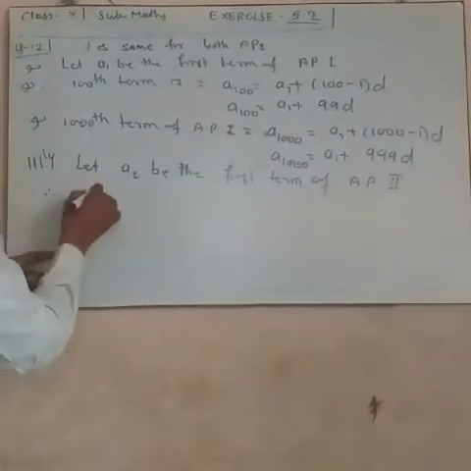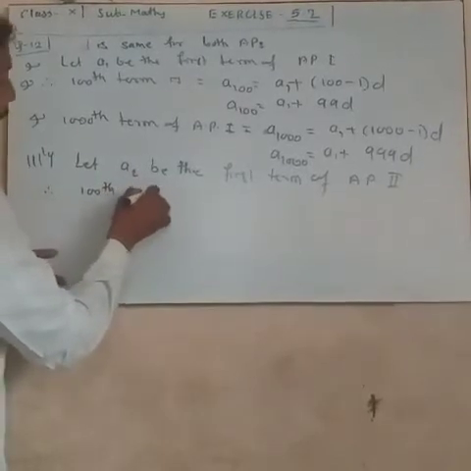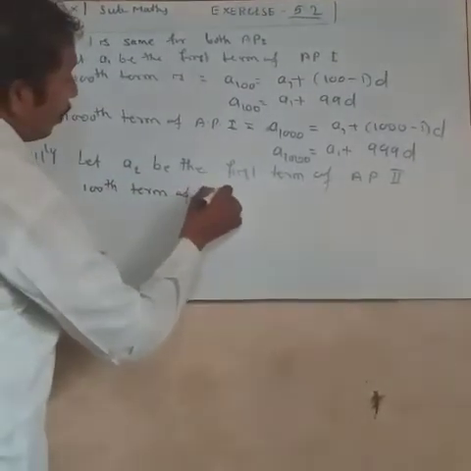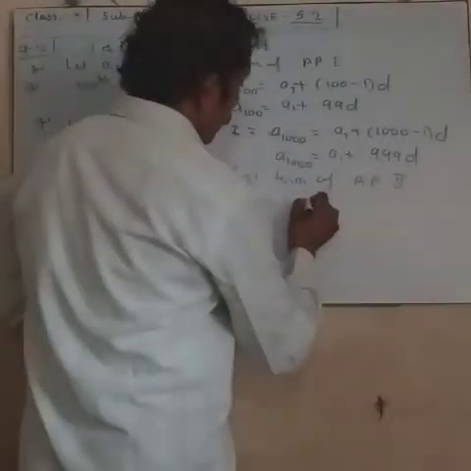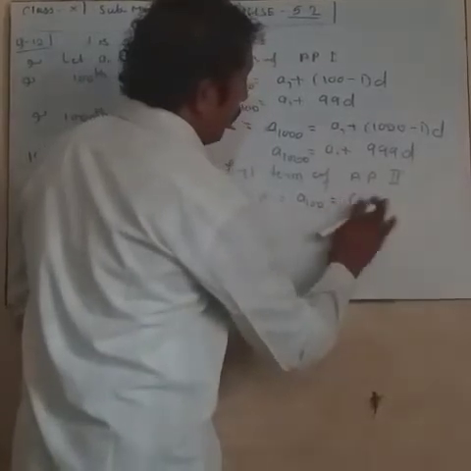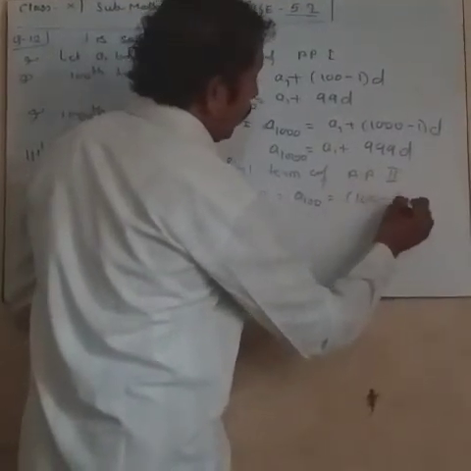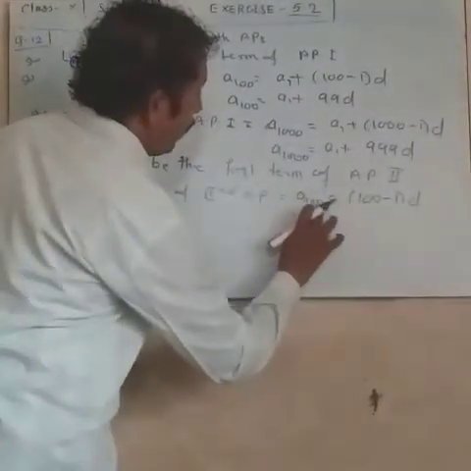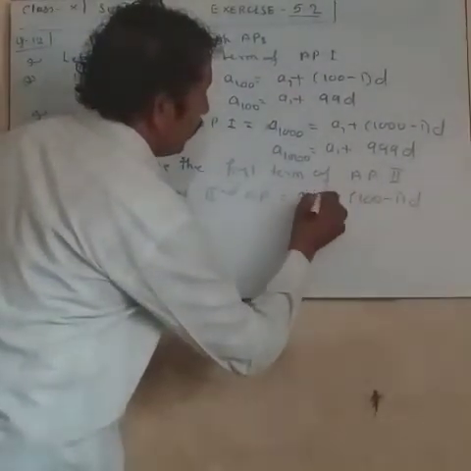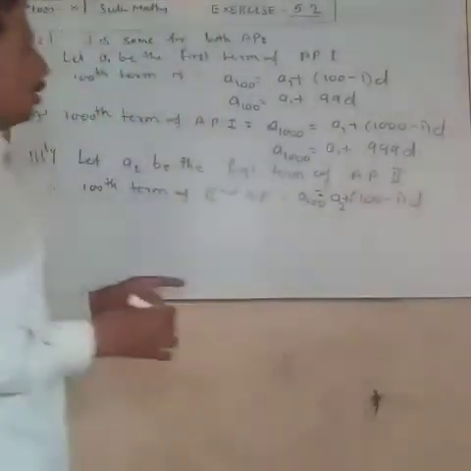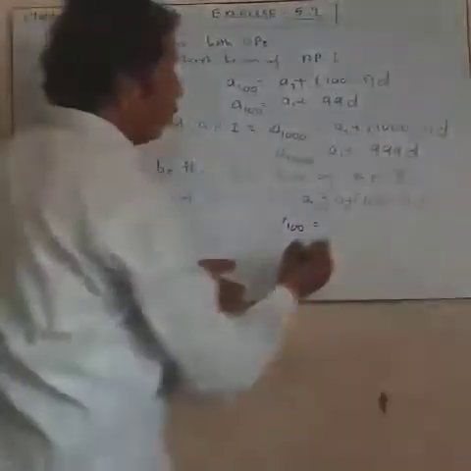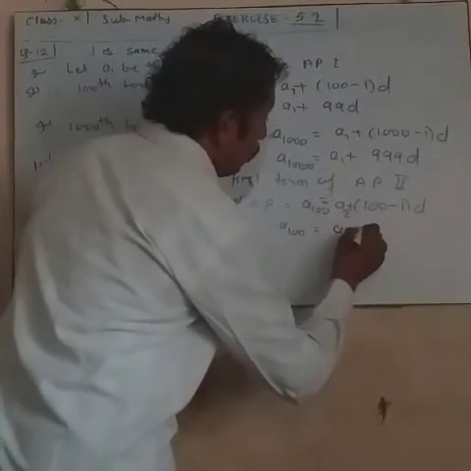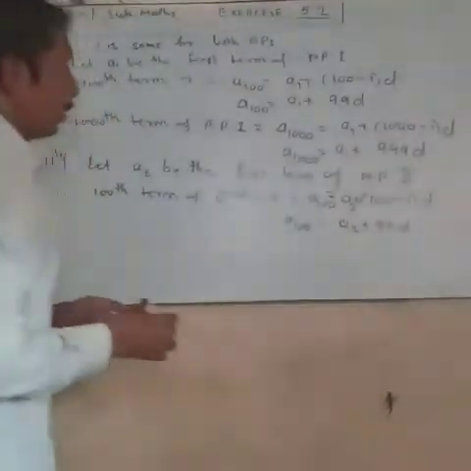Therefore, the 100th term of second AP is A100, that is equal to A plus 100 minus 1 into D. A is the first term, A2. A2 plus 100 minus 1 into D. Therefore, A100 is equal to A2 plus 99D.